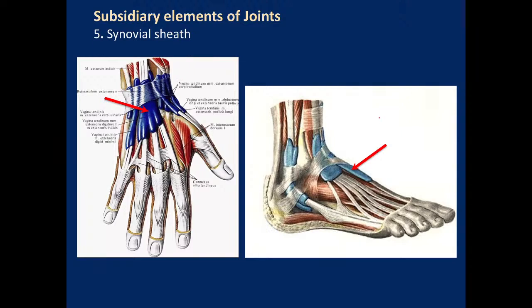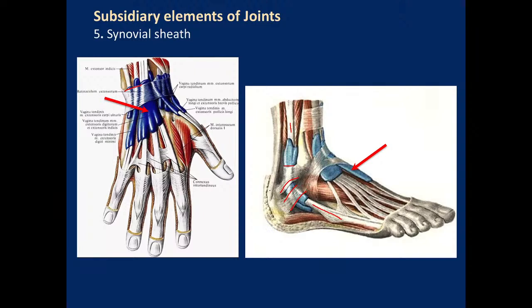These synovial sheaths surround the tendons of the muscles passing through the osteofibrous canals. In some places in the hand and foot, we find the tendons, which are the part of muscles connected to the bones, and they have special fixes, special ligaments that form a canal, and the tendons come through it.